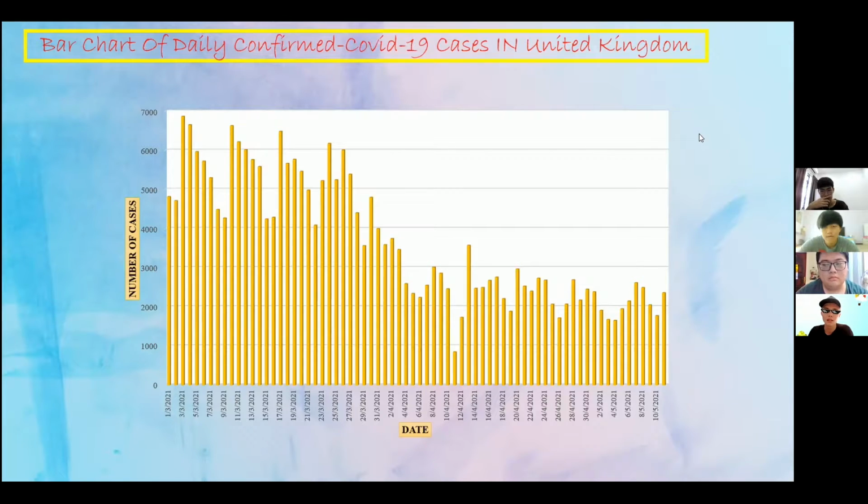Now, let's look at the bar chart of the United Kingdom. From the chart, we observe the chart is decreasing exponentially.